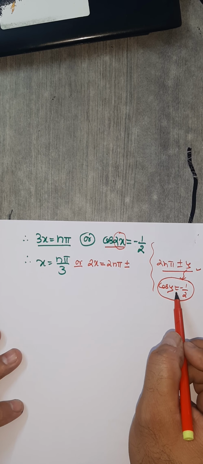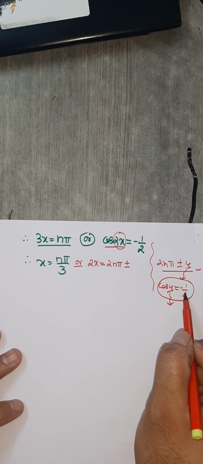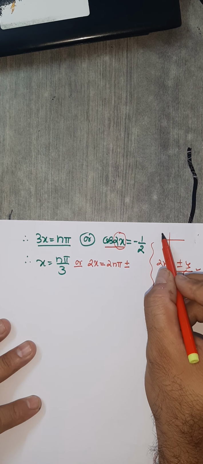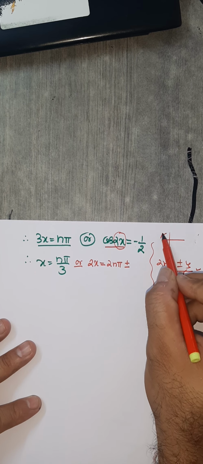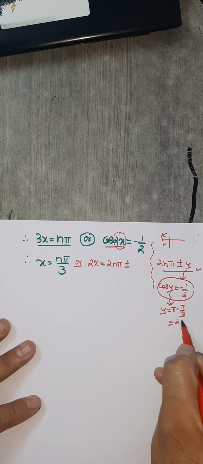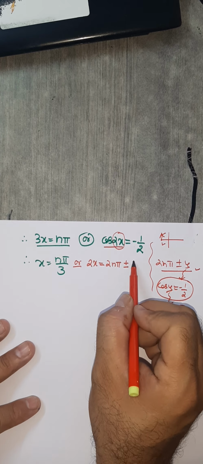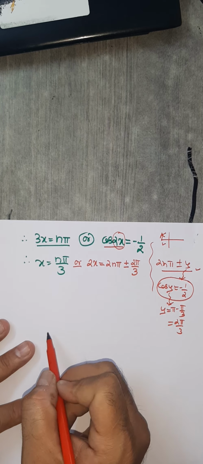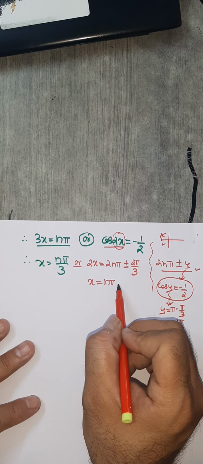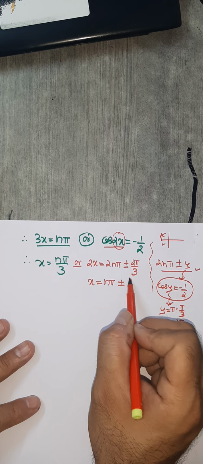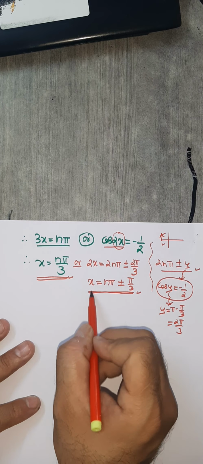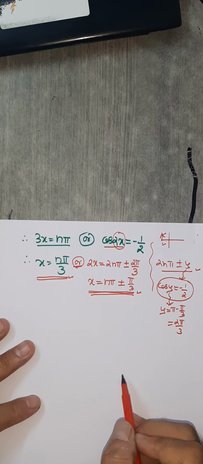Cos is negative, which means it should be in either this quadrant or this quadrant. This quadrant means y equals pi minus pi by 3, so this is 2 pi by 3. Therefore finally, dividing by 2, x equals n pi plus or minus pi by 3, as the 2 will get cancelled. This is the solution, either this or this. These are the general solutions.